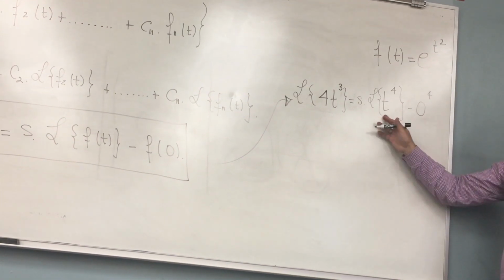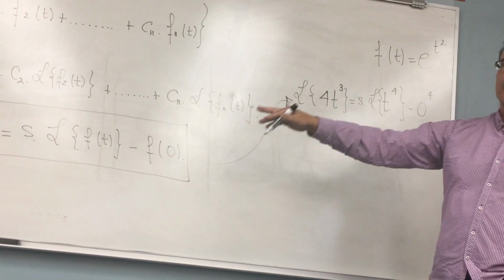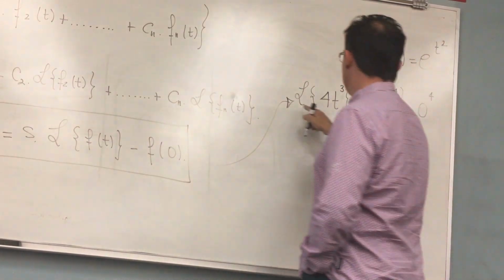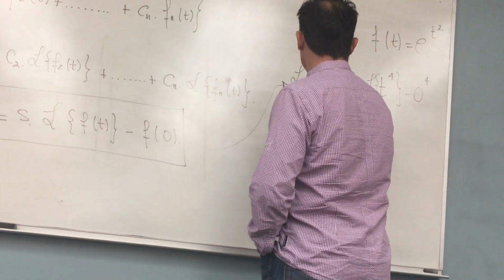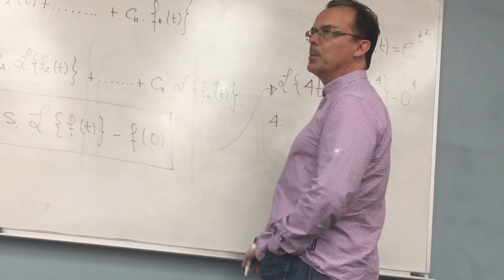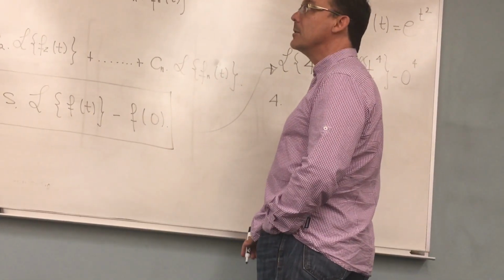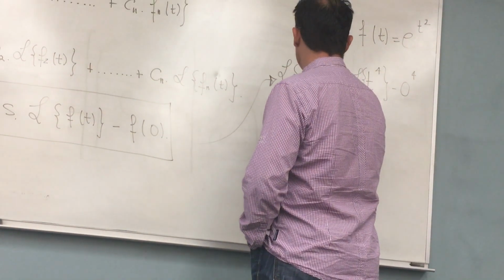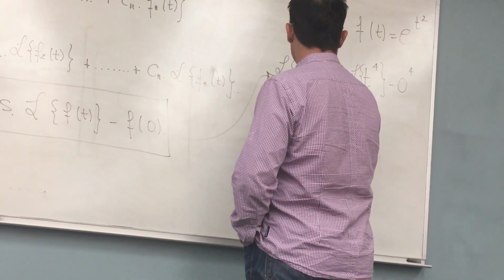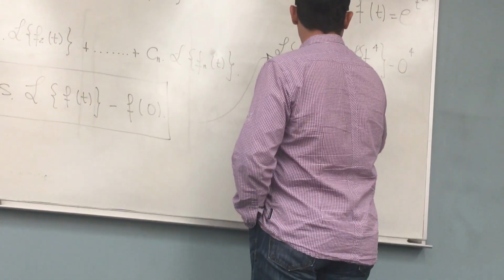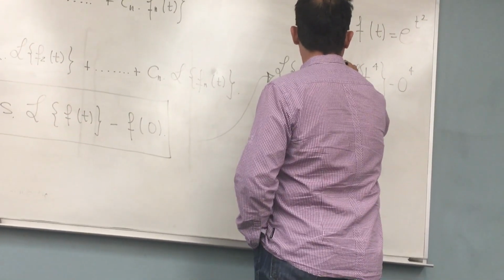Now, but we know how to compute those, right? Remember? Powers, the 4 you can pull it outside, so this is 4 times. What is the Laplace transform of t cubed? 3 factorial over s to the 4. Equal. So let me just put a question mark.